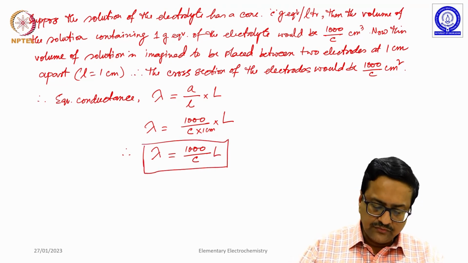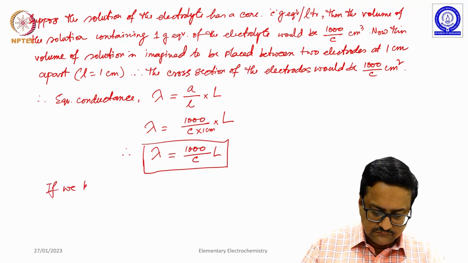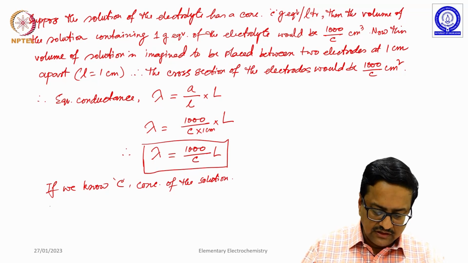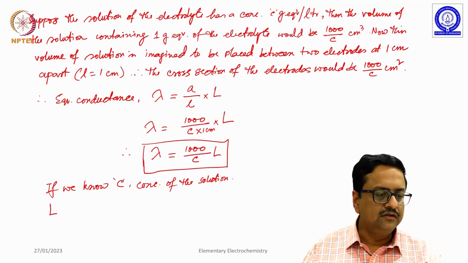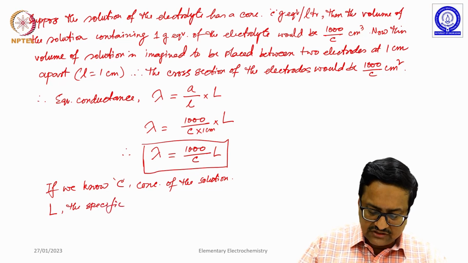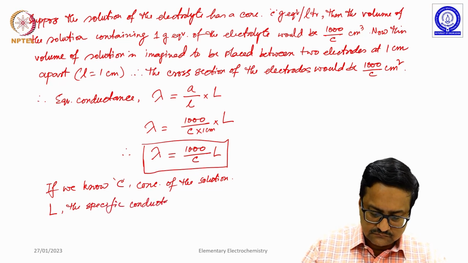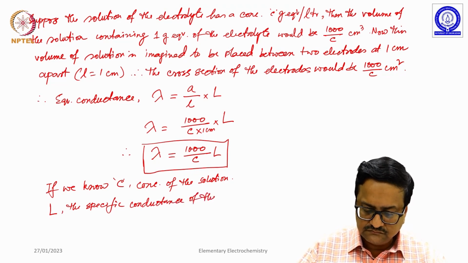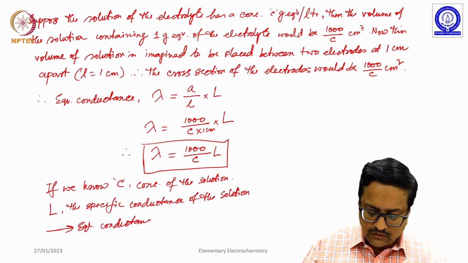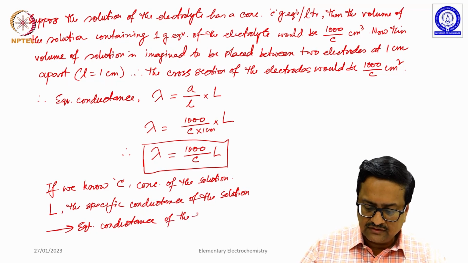So, now if we know C, that is the concentration of the solution, and capital L, which is the specific conductance of the solution, then one can calculate the equivalent conductance of the electrolyte.